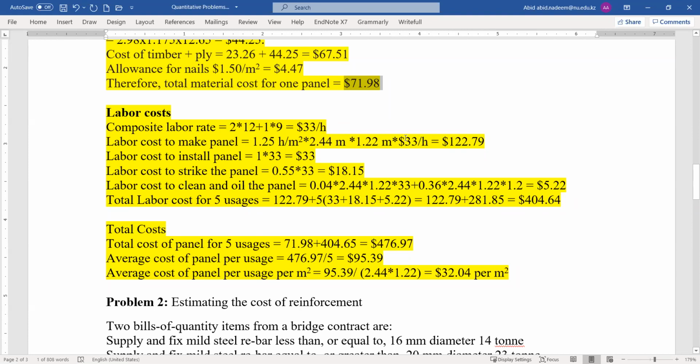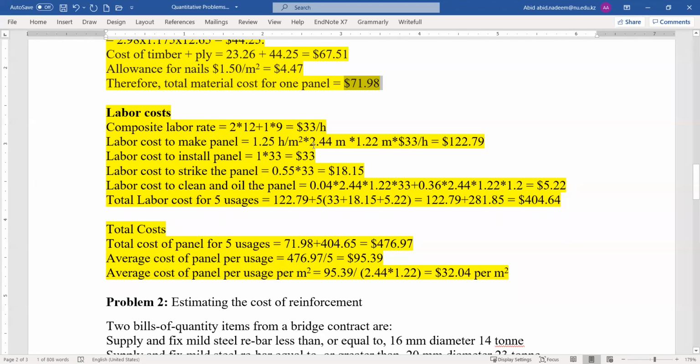Okay, so the next is the labor cost to make the panel, which will be $122.79. So how has it been calculated? It has been calculated based on the productivity for making the panel. The productivity for making the panel is that 1.25 hours are needed for 1 square meter.